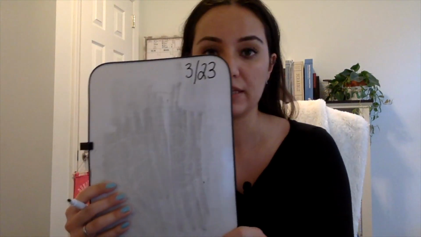In your math notebook, I want you to label, and I'm going to do it here, just like we do at school. I want you to put the date, okay? Just like that on this side, put the date.